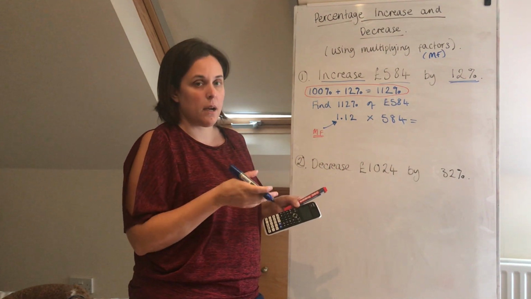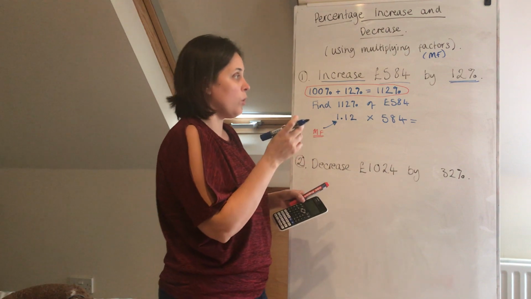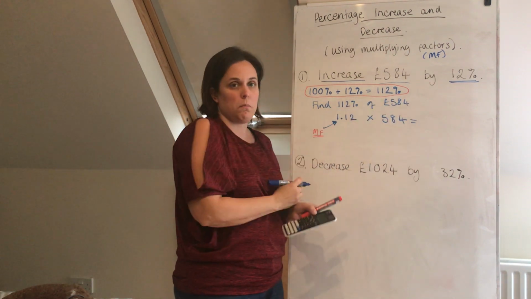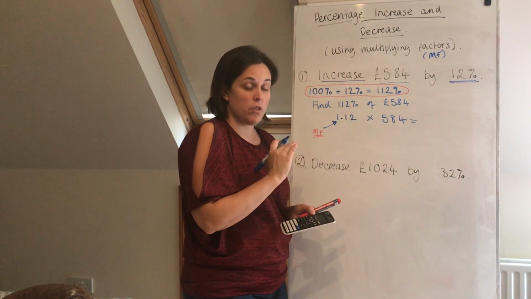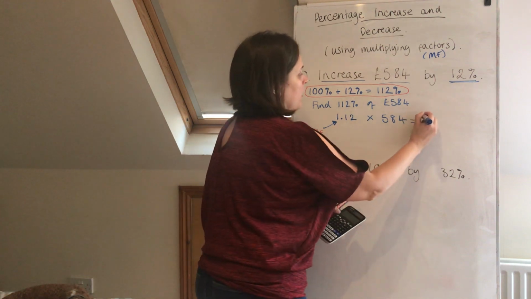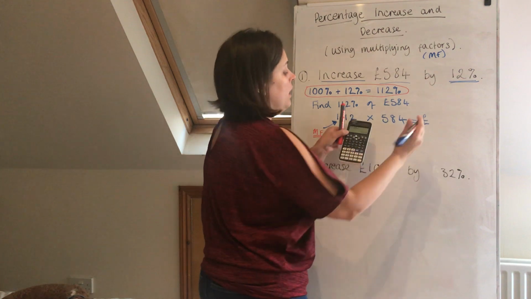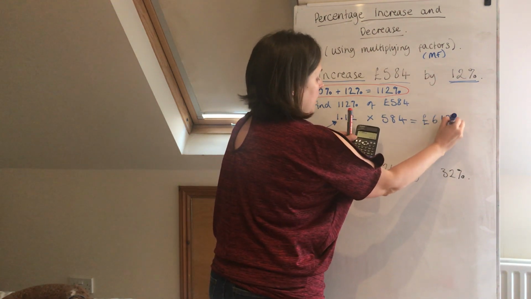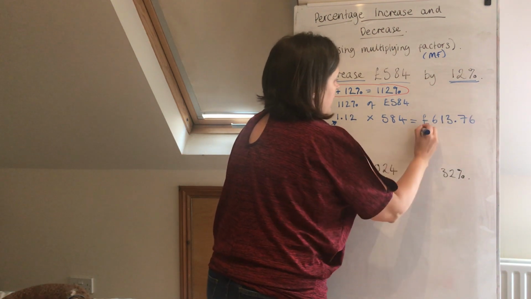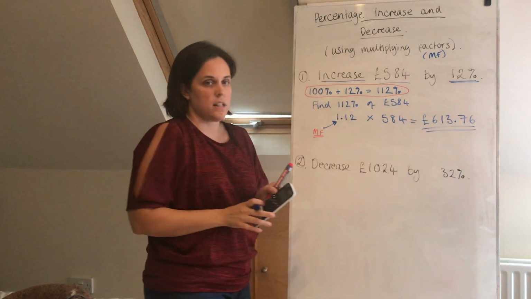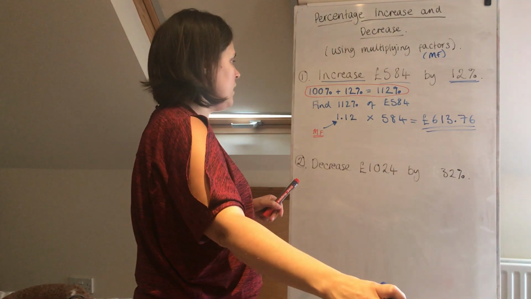If it's less than that, make sure you do your 2 decimal places, or you can leave it as a whole number of pounds if there are no decimal points, obviously. This one, the answer it gives us is actually to 2 decimal places anyway, so it's £613.76, and that's exactly what we get.